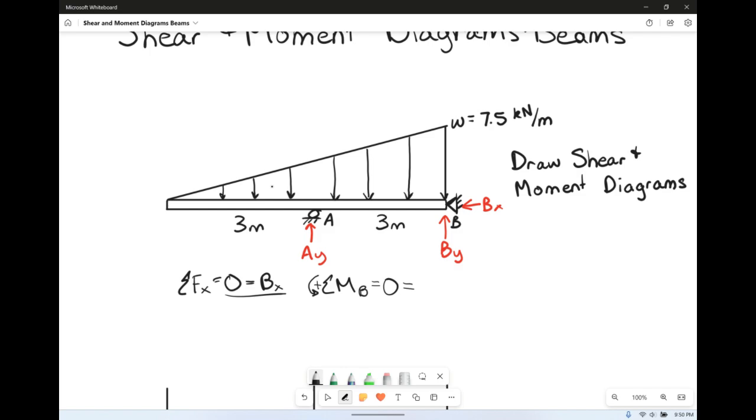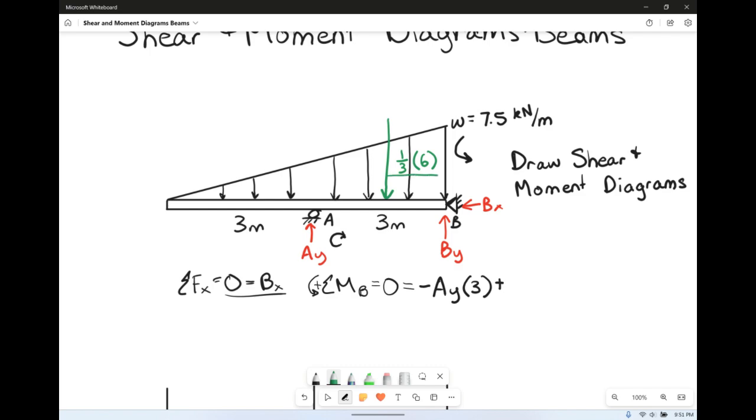So I do have AY going up. AY going up is going to create a negative moment for me. So minus AY times the perpendicular distance of AY to B, which is 3 meters. Then we have this linearly distributed load. It's going to be going around this way for B, so it's going to be positive. So we have plus its resultant force, which is going to act about right here, 1/3 of the distance of 6 total.